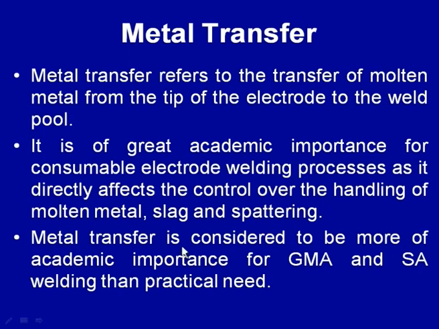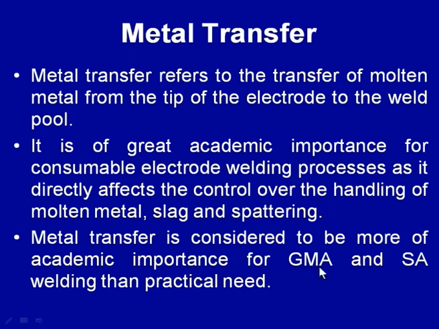Further, for a casual welder, metal transfer is of more academic importance and less practical importance, because it is mainly about the situations experienced by the molten metal hanging at the tip of the electrode, and during its journey from the electrode tip to the weld pool.